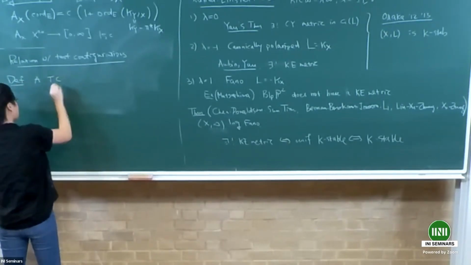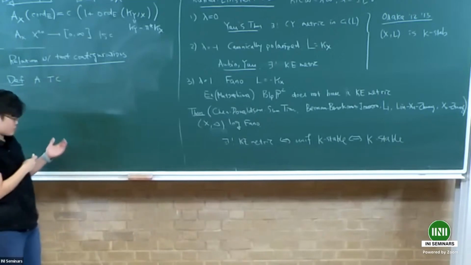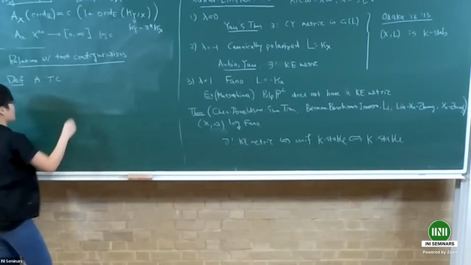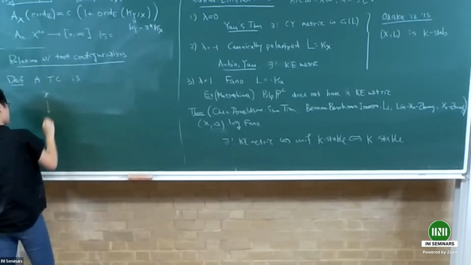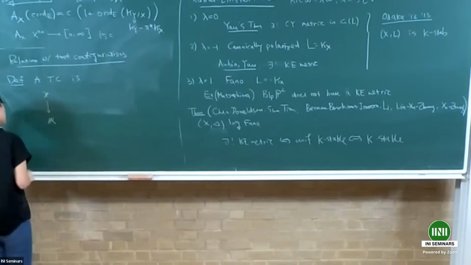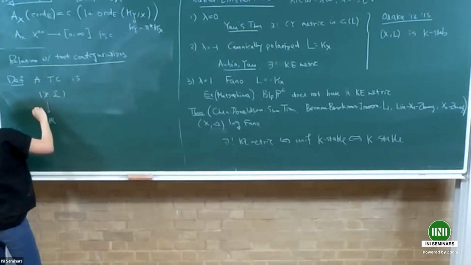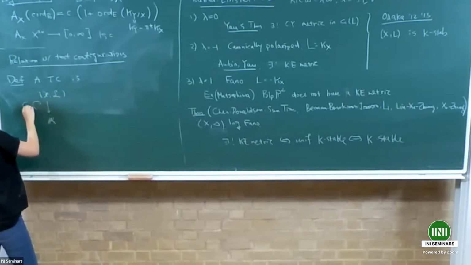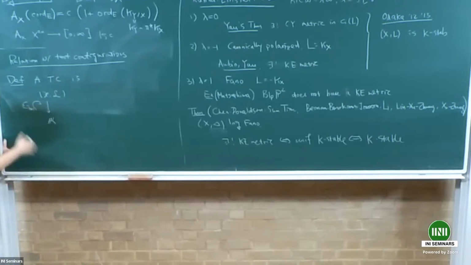I won't write much in words, but I'll just say all the test configurations I work with are ample and normal. And this is a flat family, really (X, L) with the polarization as well. And it's a G_m equivariant isotrivial degeneration. So there's a G_m action on the whole family, lifting the original action on A^1.